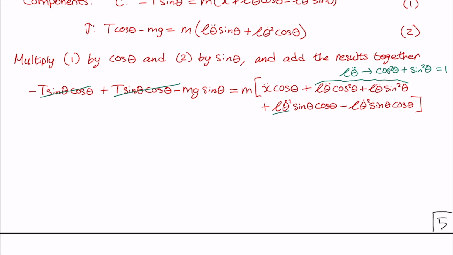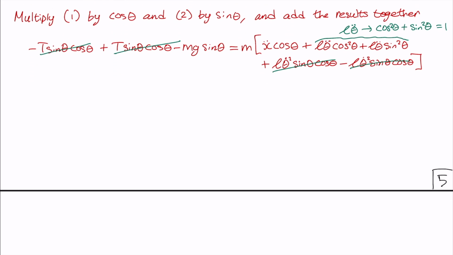And then lastly, we can eliminate these last two terms, such that we end up with m times L theta double dot plus m x double dot cosine theta plus mg sine theta is equal to 0, and that's going to be our equation of motion.